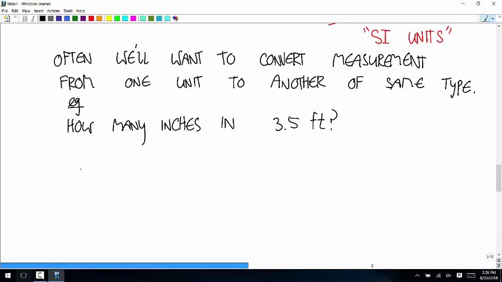So here's the approach that we're going to take. Between two units of the same type, there's always going to be a conversion factor that you're going to have access to.